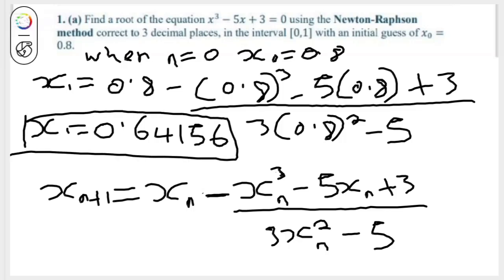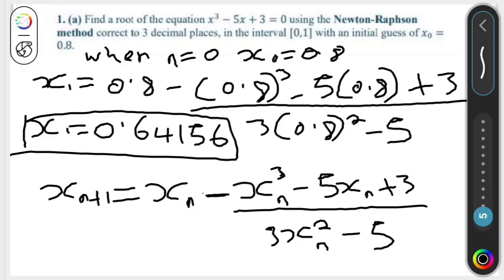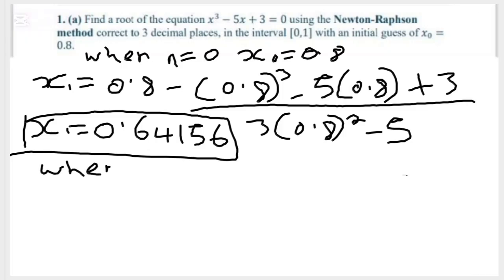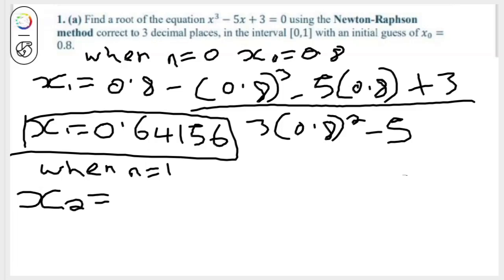So now I'm going to say when n is equal to 1. The equation will now become, since n is equal to 1, if I substitute the subscript of x of n plus 1, I have to say 1 plus 1. So this will now become x2, which will be equal to the value of x1. This is x1.